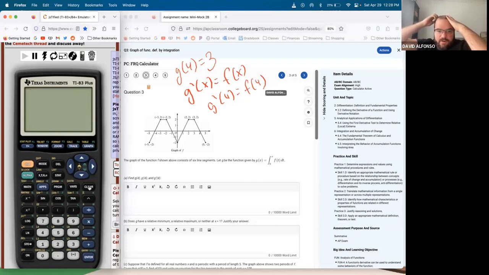So F of 4 is 0. And then that means that G double prime of 4 would be equal to F prime of 4, which is basically the slope of the tangent line at x equal 4, which would be -2.